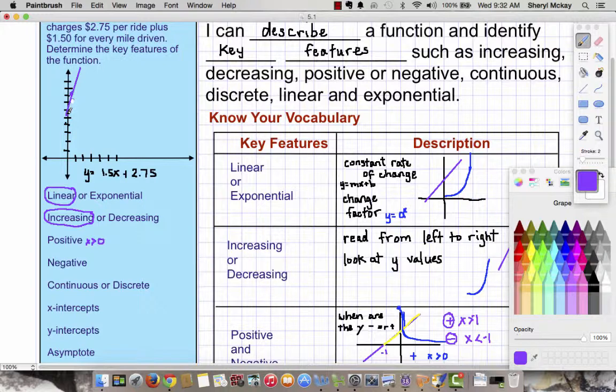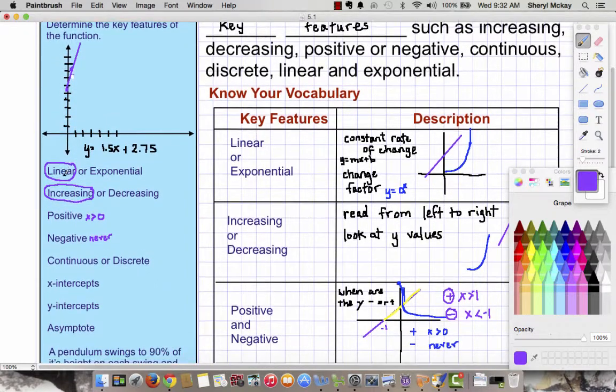X is 0 here. 2.75 is y. So anything beyond that, it's positive. When is y negative? Well, y is never negative, is it? Because we never go past this starting point of 2.75, okay? We're never going to get down here.